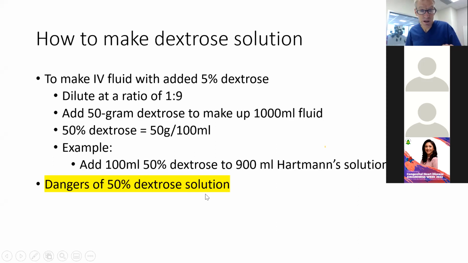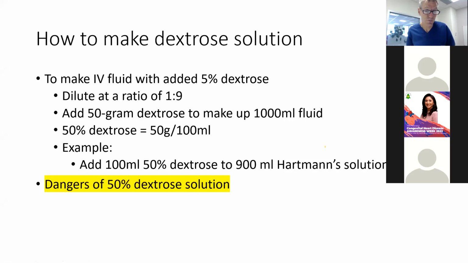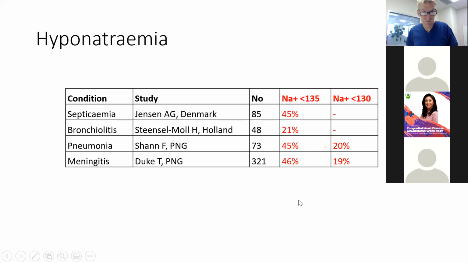People might think that it's just like any other intravenous fluid and might actually give it as an intravenous fluid infusion, and that's very dangerous because it's a very hyperosmolar solution, and that can cause very serious problems with marked hyperglycemia and hyperosmolarity. I won't go into it too much, but it's better to have as a stock solution Hartmann's solution plus 5% glucose.